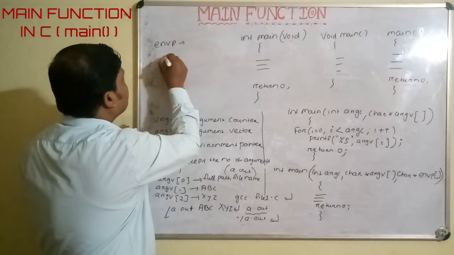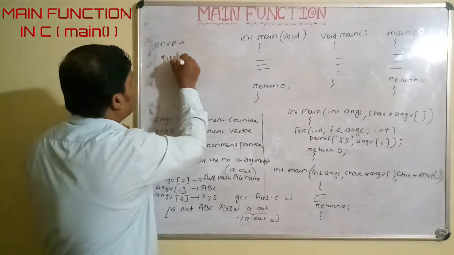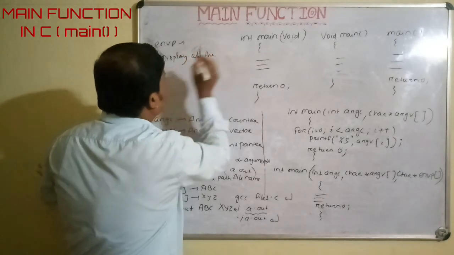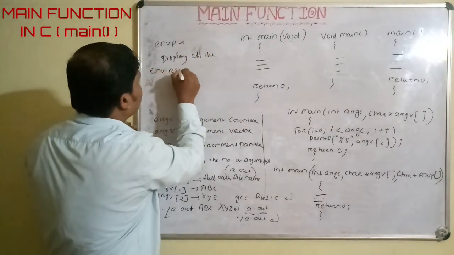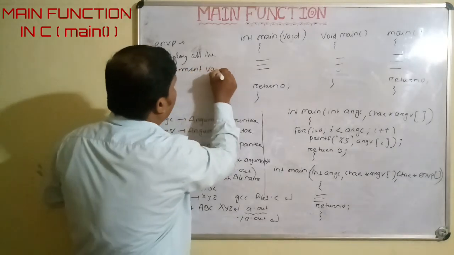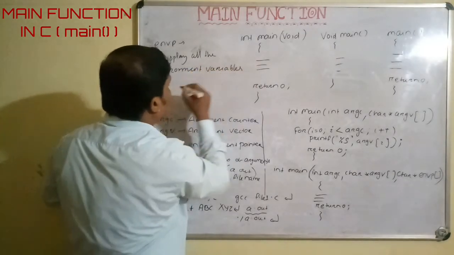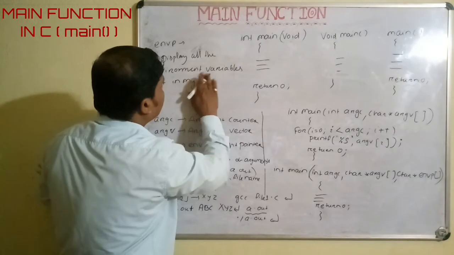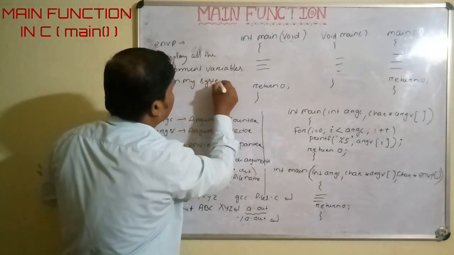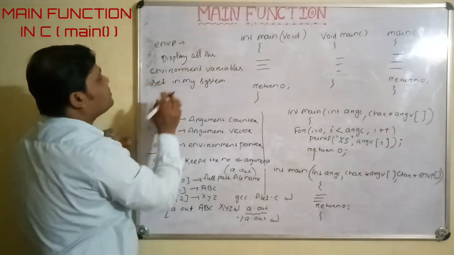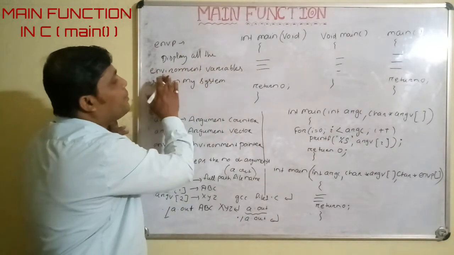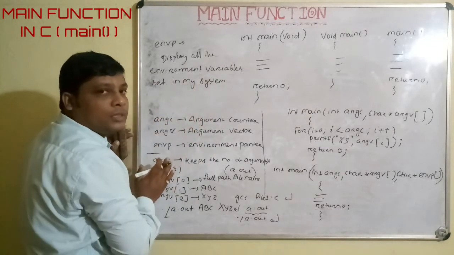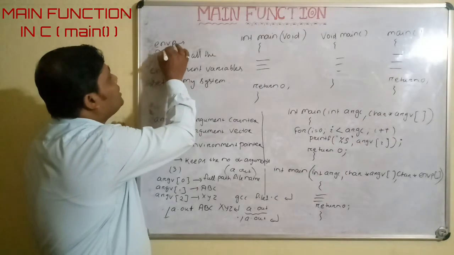It will display all the environment variables set in my system. Here it will display all the environment variables set in my system with the equal sign. Clear? So this is envp.